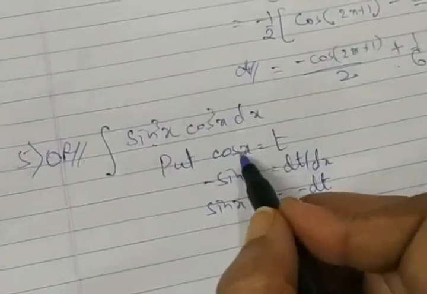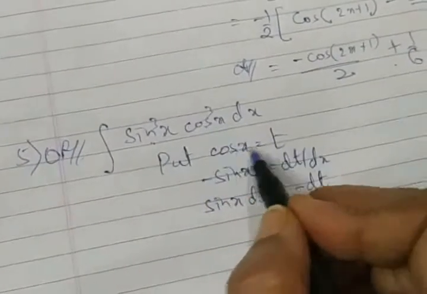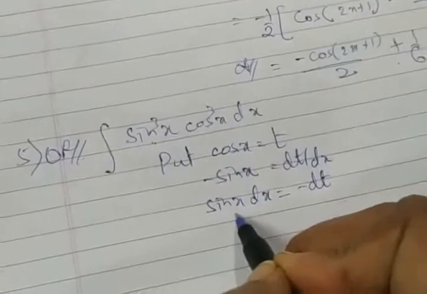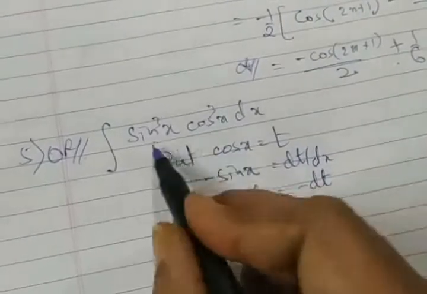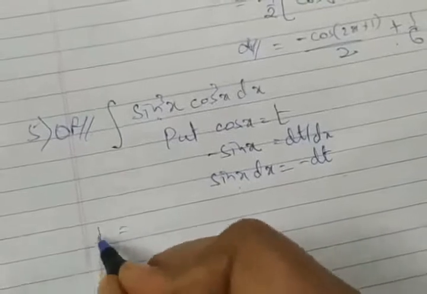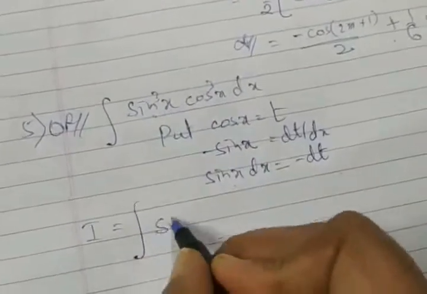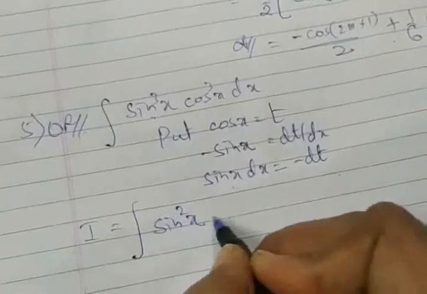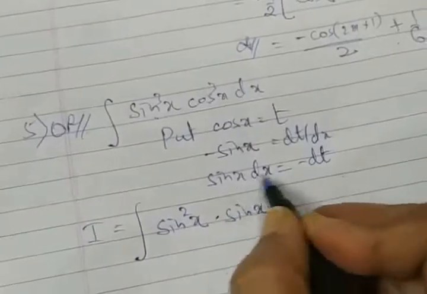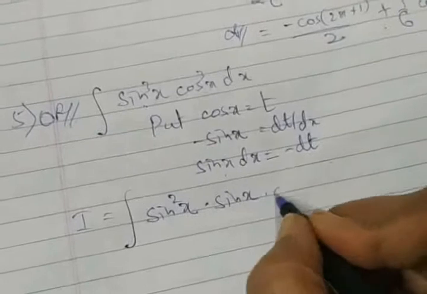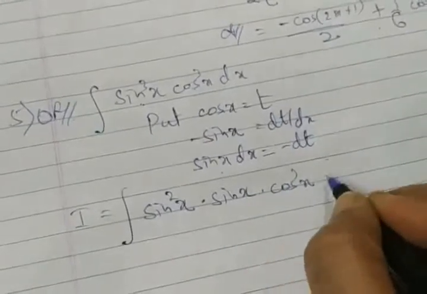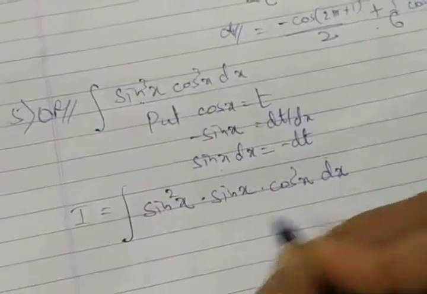So if I am claiming cos x equal to t here, then my requirement is only one sine term, but sine cube is there. So according to my requirement, let me modify it: sine square x is kept as it is, into sine x. My requirement is sine x. Of course cos cube x is kept as it is, with respect to x.